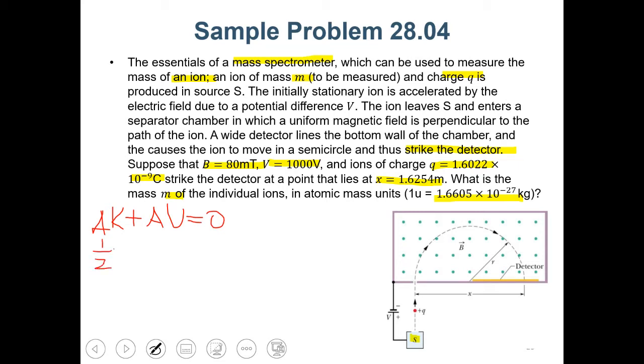So 1/2 mv squared minus qV equals 0, which means this is ground and this is V. There is an E field generated in this region that accelerates the particle up to this point.